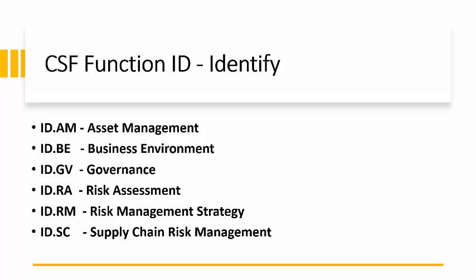If you go by the sequence, the identify function is the foundation for the effective use of the framework. Without understanding the business context and the assets, you cannot protect anything. NIST CSF understands this very well. That is why the first step in identify is organizing, managing and maintaining assets.